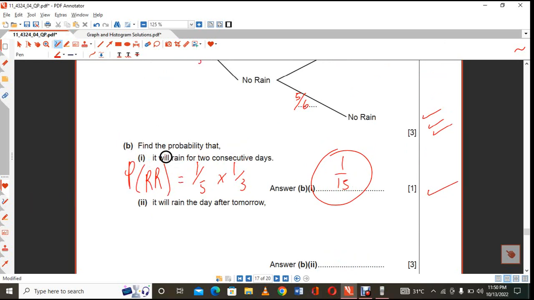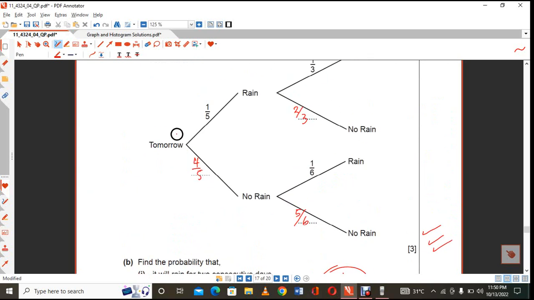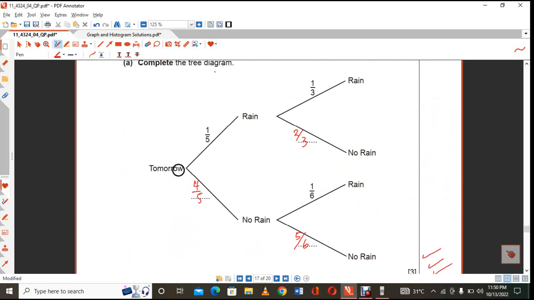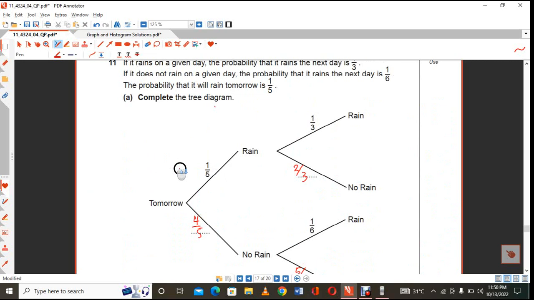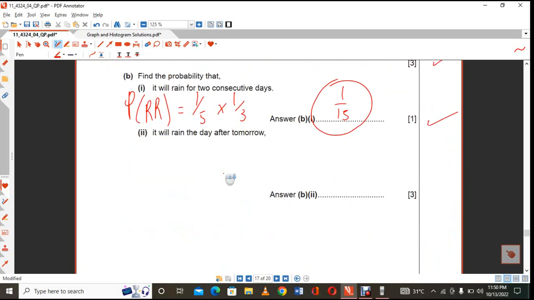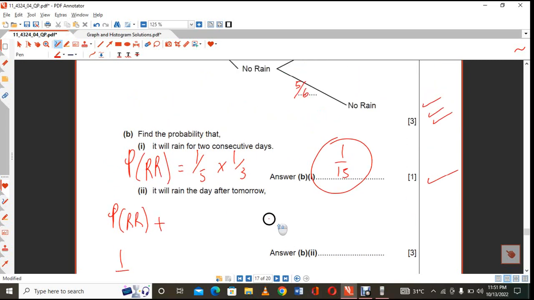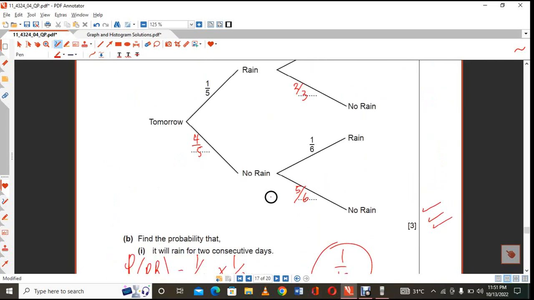Okay, find the probability that it will rain the day after tomorrow. So that means the first condition will also work: today and then tomorrow. So I'm going to write it again. The one we've got, probability of rain, which we know is 1 over 15, plus, because we now also have to find the day after tomorrow, it means no rain and then rain. So 4 over 5 times 1 over 6.